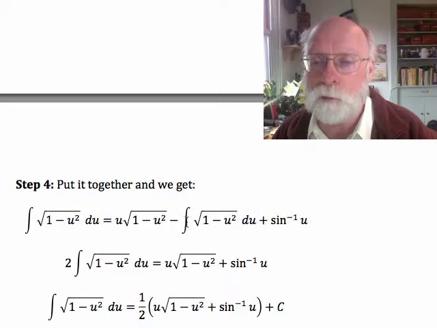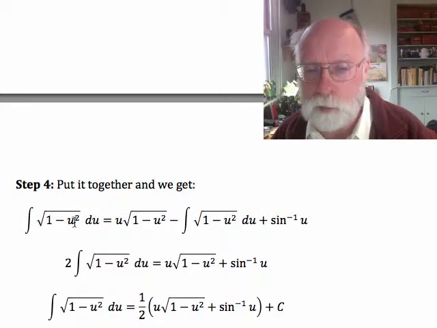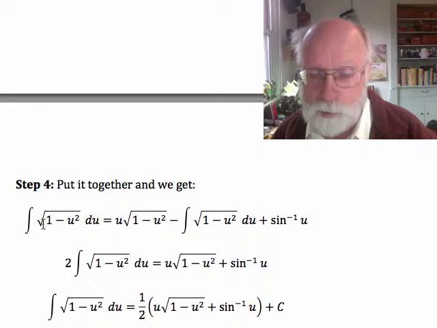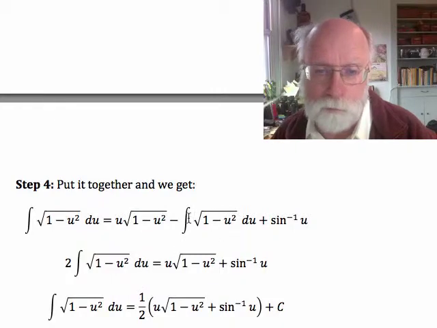The key thing to notice here is that the integral on the left appears on the right with a minus sign. So if you add this to both sides, you will get 2 times the integral of the square root of 1 minus u squared du. You can move this to the other side, and now we only have an integral on the left.